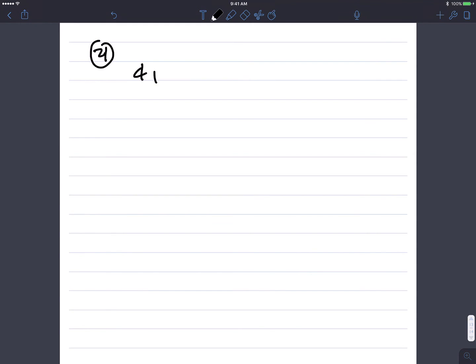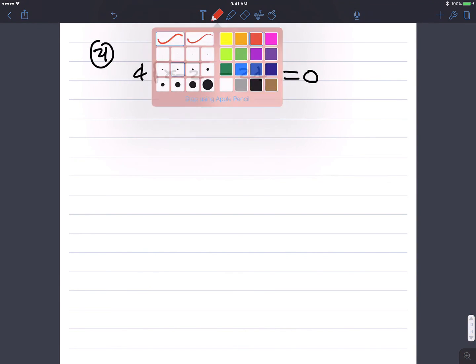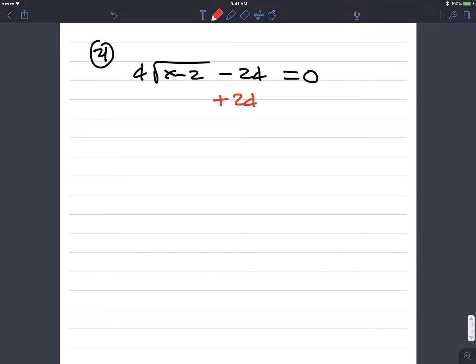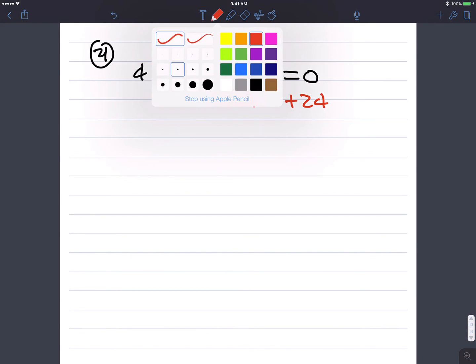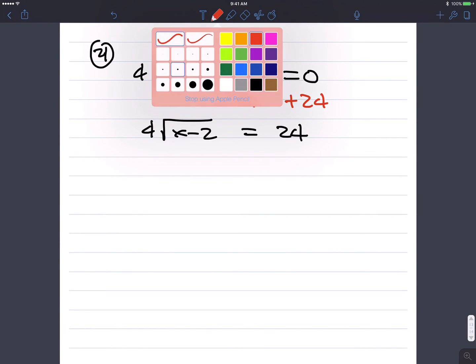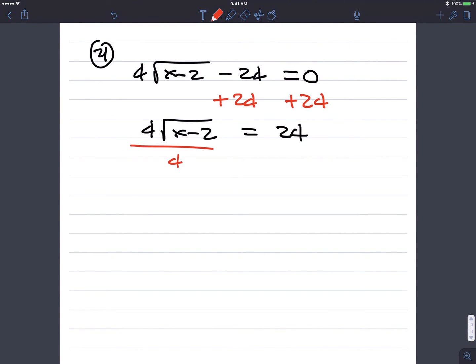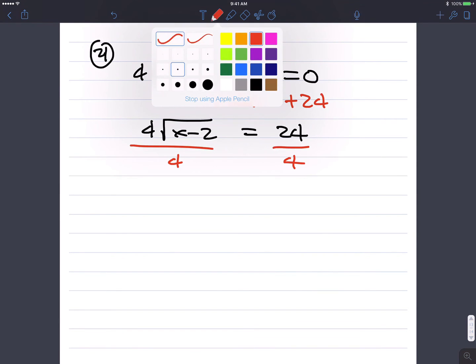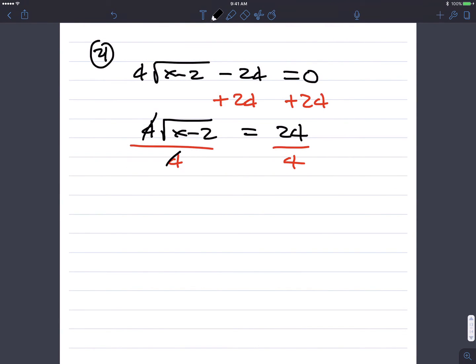21, 4 square root x minus 2, minus 24 is 0. Solve for the radical. Get 4 square root x minus 2 is positive 24. Now, we're going to divide both sides here by 4 so we can solve for the radical. And we get square root of x minus 2 is 6.